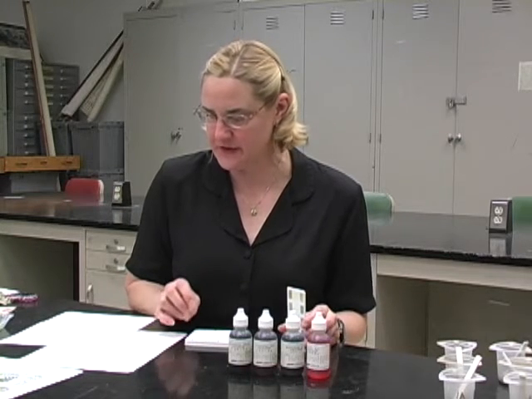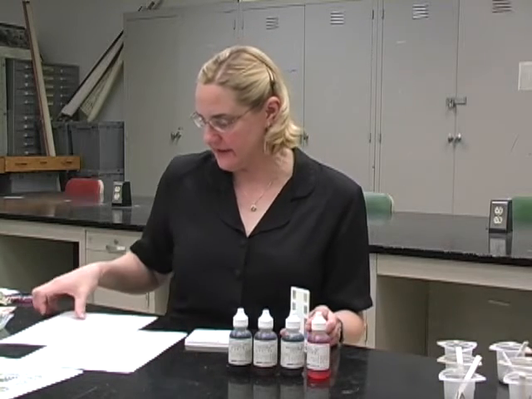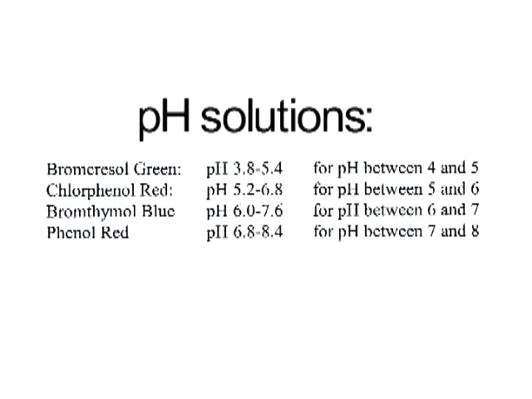Okay, so now that we know the range in the pH that we're interested in, we're going to now fine-tune the pH for that particular soil. And if you refer to the table on the previous page, the table you're filling out, there's a little chart that talks about these 4 different pH solutions. And for example, the first one is called bromocresol green, and that's used if your pH range is between 4 and 5.